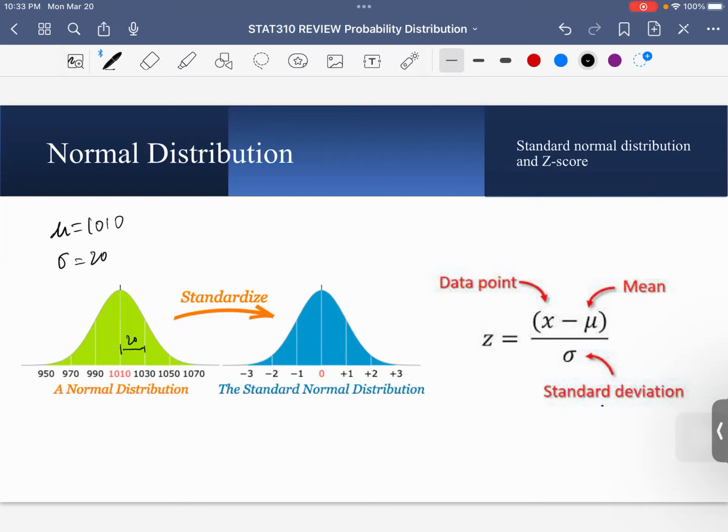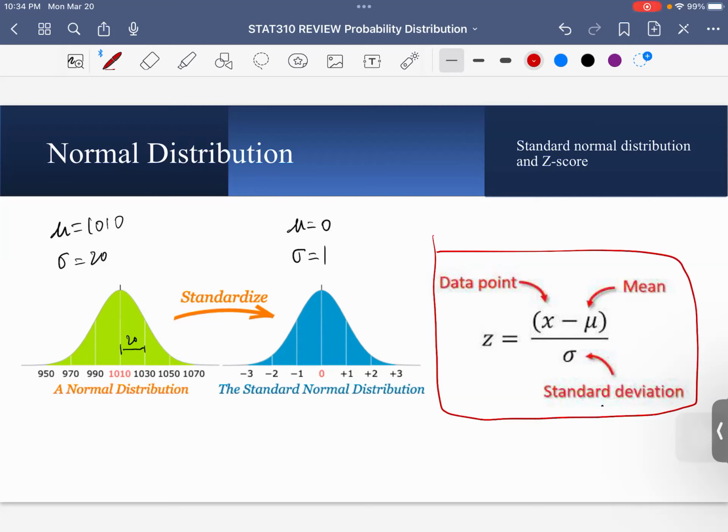If you do the standardization, you will get a standard normal distribution, which has a mu of 0 and sigma of 1. And the way you can do this transformation is using the formula right here.